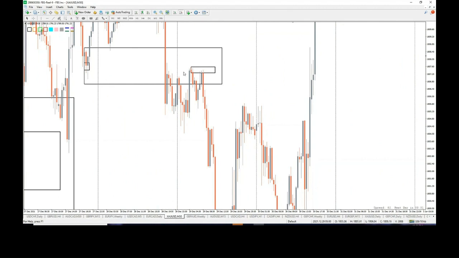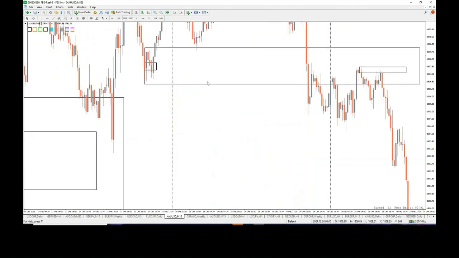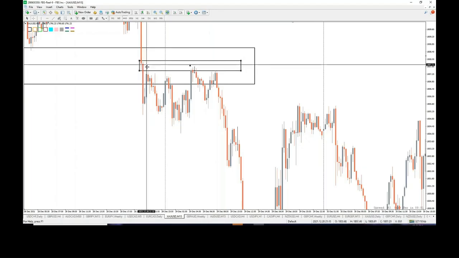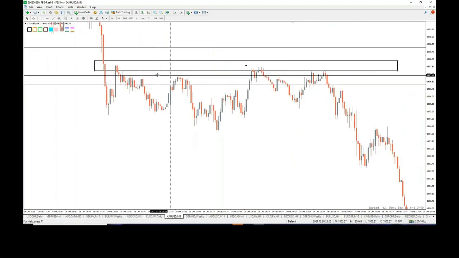I don't use doji. I mean a candle with no body. Inside this dominant zone, this dominant candle will have an engulfing inside there.